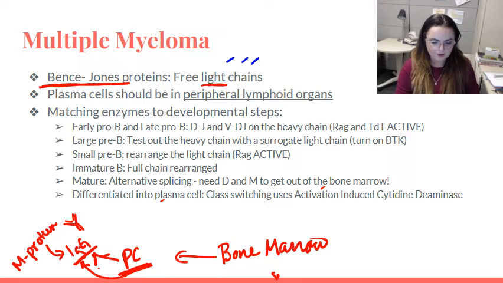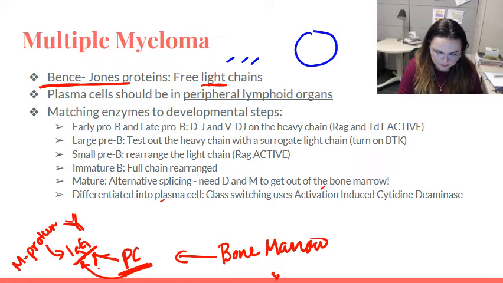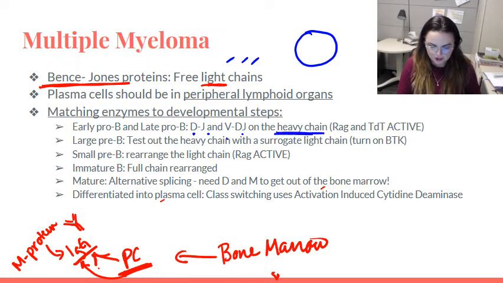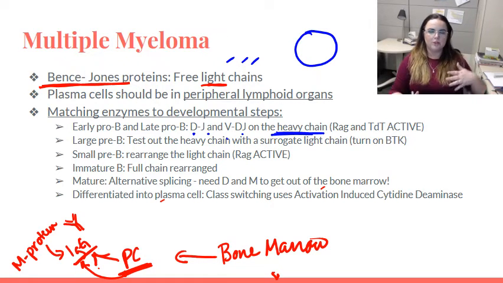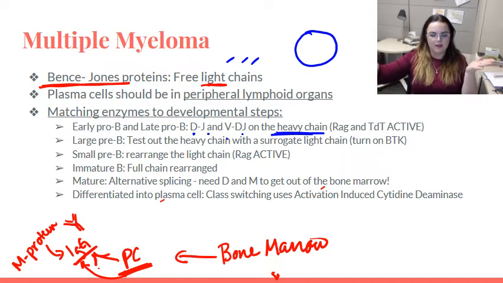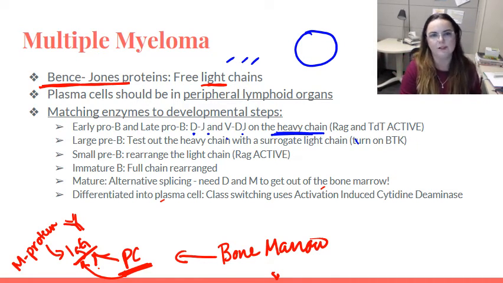So if you think about that, that's also pretty weird, because when we think about a developing B cell, it starts in this early pro-B, late pro-B, rearranging D to J and then eventually V to DJ on the heavy chain. So the heavy chain is supposed to rearrange first, which should tell you you shouldn't be able to get the light chain without having made the heavy chain, but we're only seeing release of light chain, so that's abnormal as well.